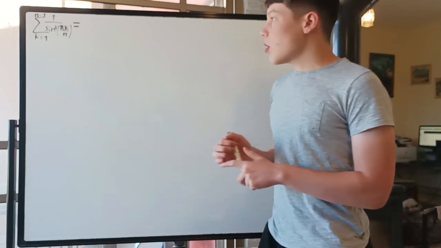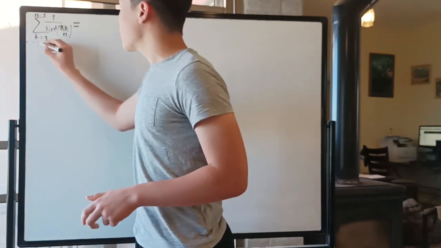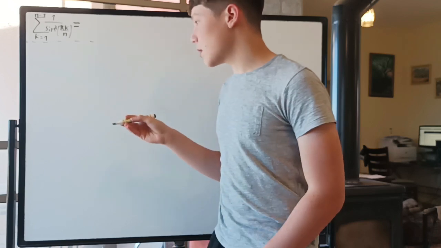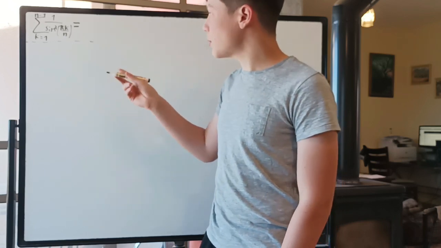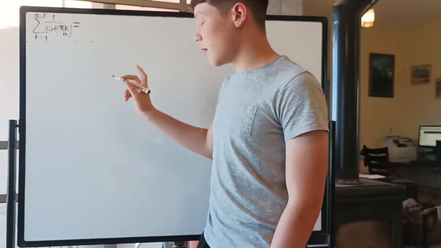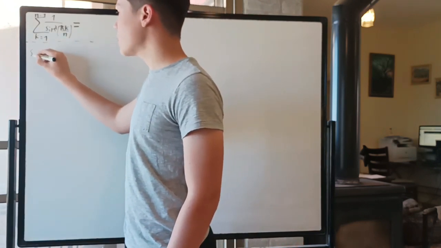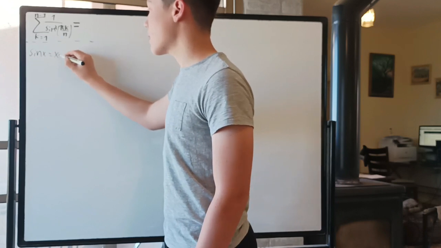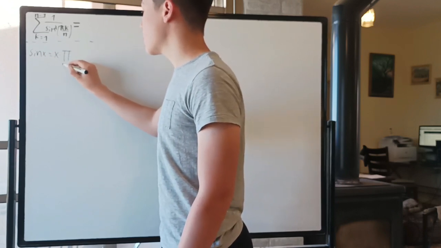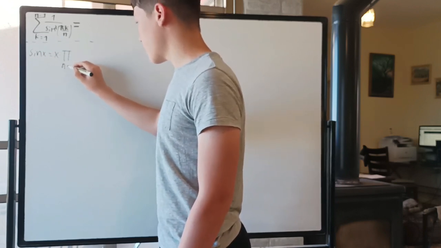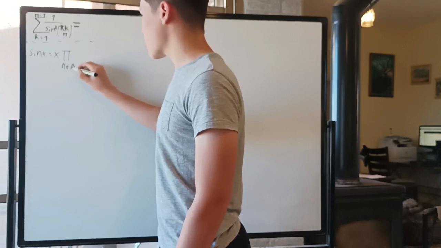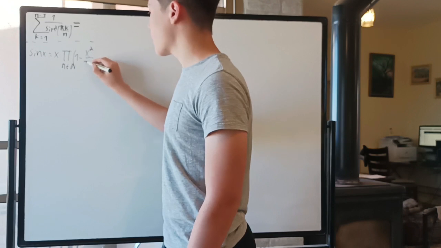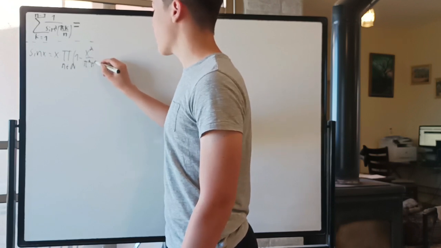So we'll recall from a previous video, which was about the Basel problem. I'll link it in the description. We found that sine x can be written like this: x times the product over n the natural numbers of 1 minus x squared over pi squared n squared.